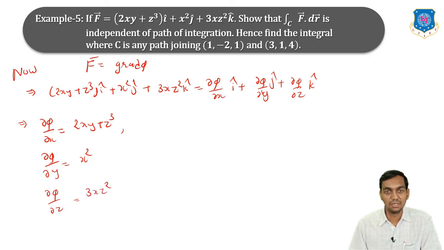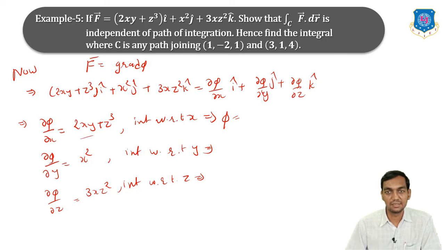So integrating with respect to x here, integrating with respect to y here, and here integrating with respect to z. So here you have phi is equal to the integration with respect to x, that will be x square y plus xz cube plus some function of y and z. In the same manner, integrating with respect to y, that will be x square y plus some function of x and z.